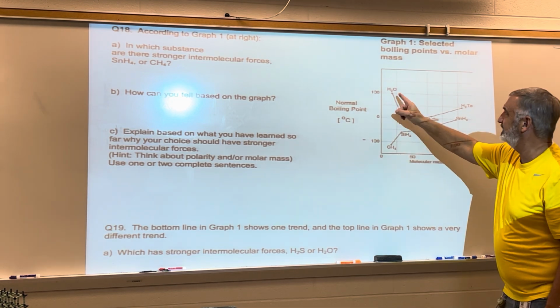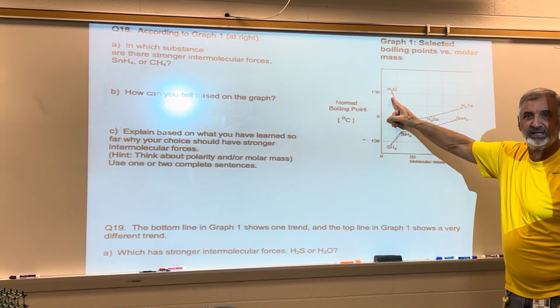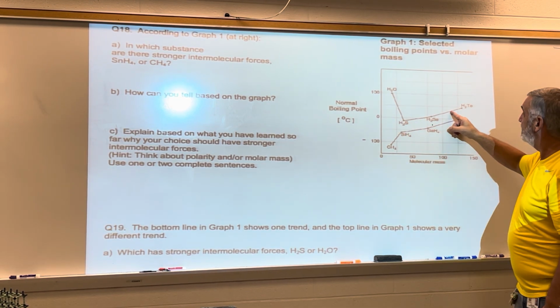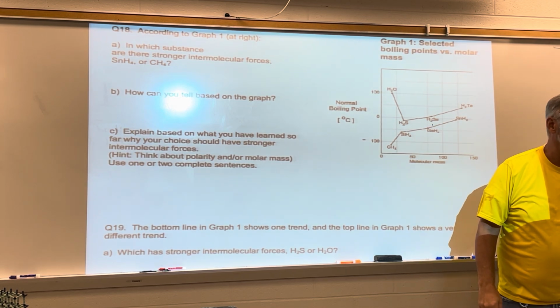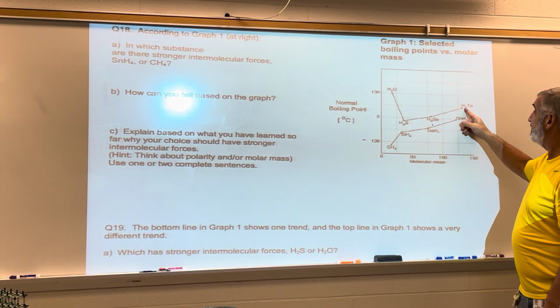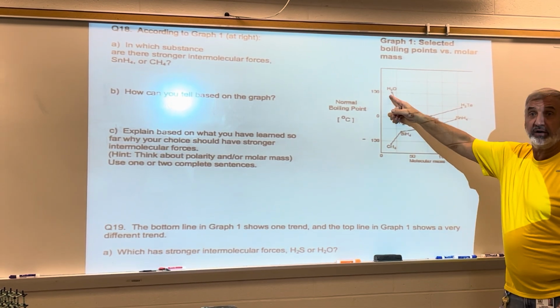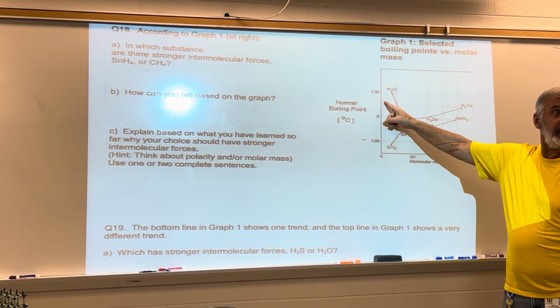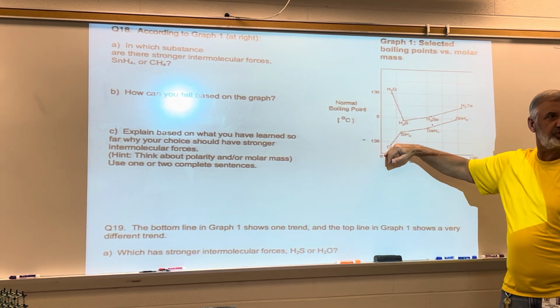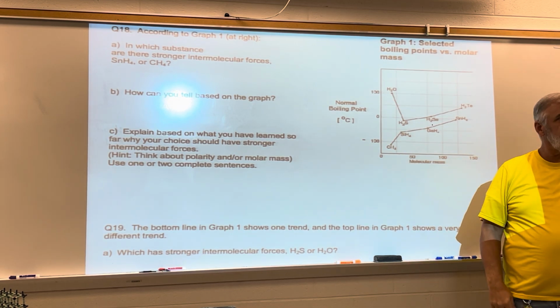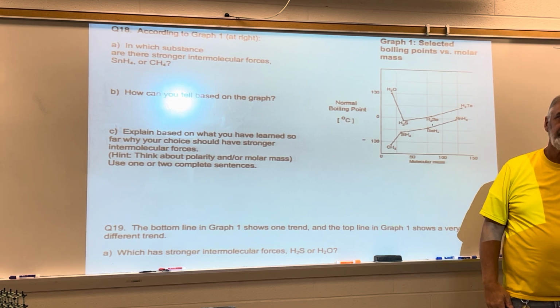So this is an exception, because these only have, if they do have dipole-dipole, very weak dipole-dipole, and London dispersion, whereas water has the much stronger hydrogen bond, so it's going to be that anomaly, that exception to the trend because it has those much stronger IMFs.